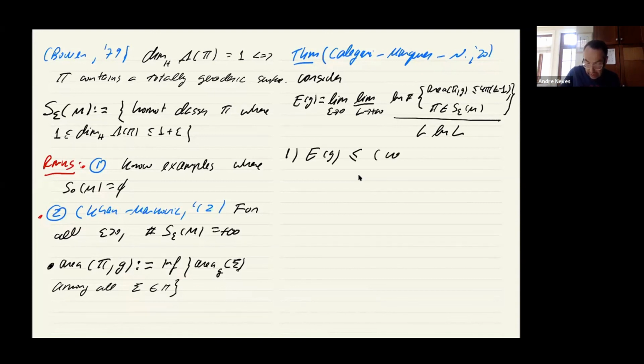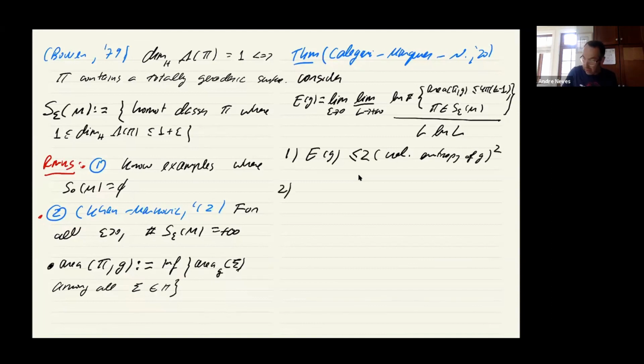So I'll just write that. It's less or equal than the volume entropy of g. And now we have to make it scale invariant. The volume entropy scales like length, so we square it, and we put a factor of 2.